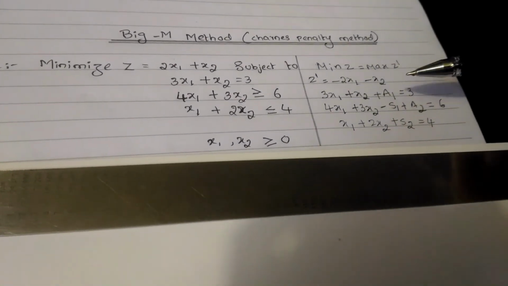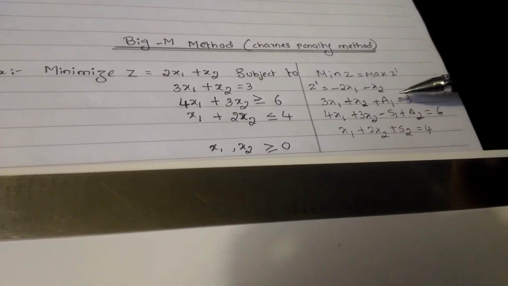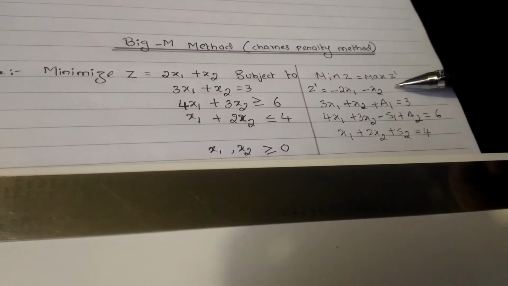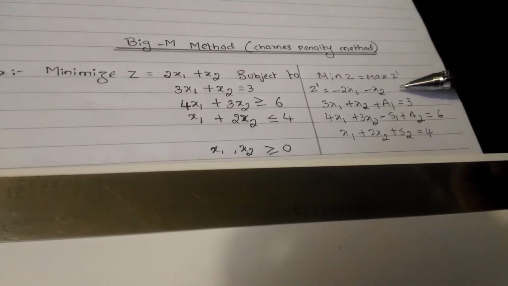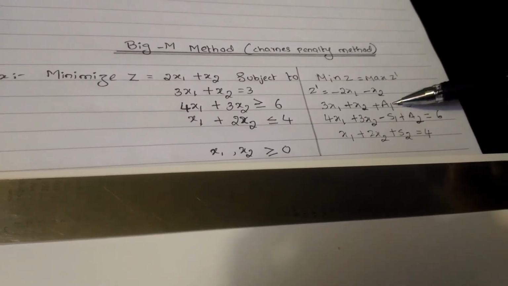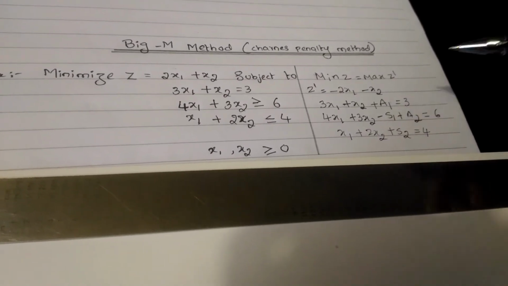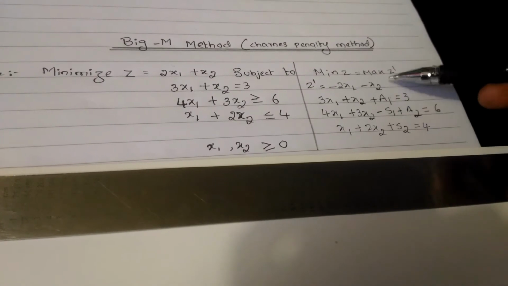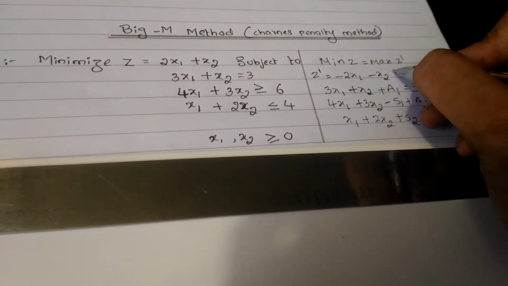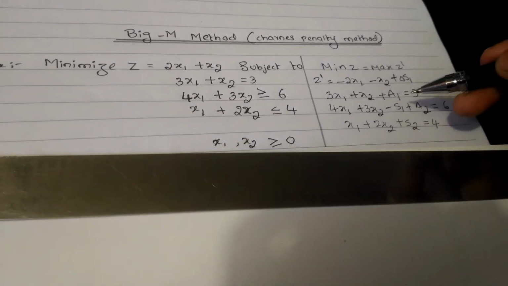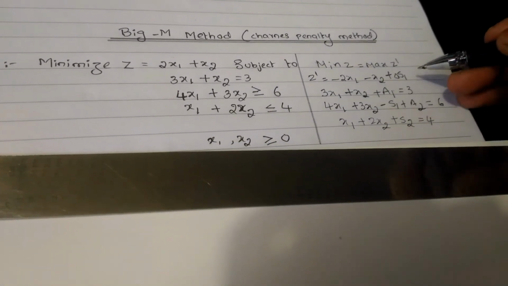Now we will have to bring all these artificial variables, surplus variables and slack variables back into the optimization function. Now first let me bring the first surplus variable. Although we have subtracted it here, we will be adding it here. It will be plus 0 s1 and the artificial variable will have a negative sign here.